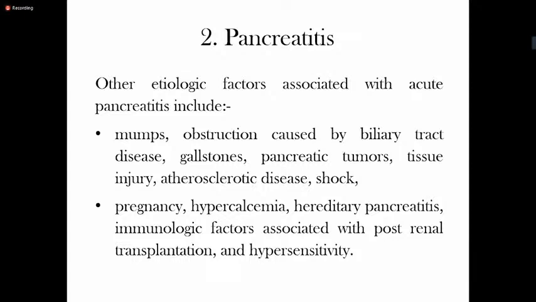Pregnancy, hypercalcemia, hereditary pancreatitis, and immunologic factors can also be seen in acute pancreatitis. Pregnancy and hypercalcemia, it's not hypercalcemia, it's hypocalcemia. So correct that one. We have decreased calcium in circulation, which could be caused by hypoparathyroidism.